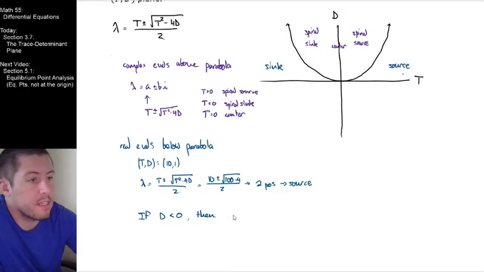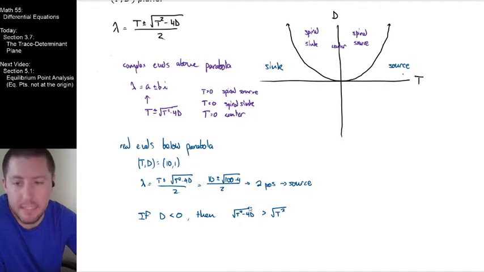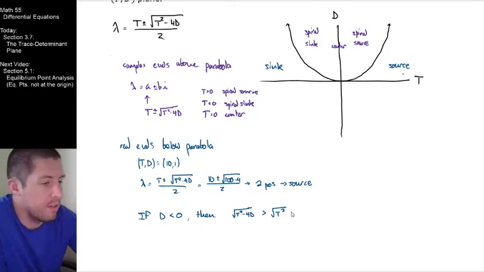If our determinant is negative, then the square root of t squared minus 4d is actually larger than the square root of t squared, right? If d is negative, then we've actually added to the contribution underneath the square root. So it must be the case that when we do t plus or minus the square root of t squared minus 4d, we get one positive and one negative, right?